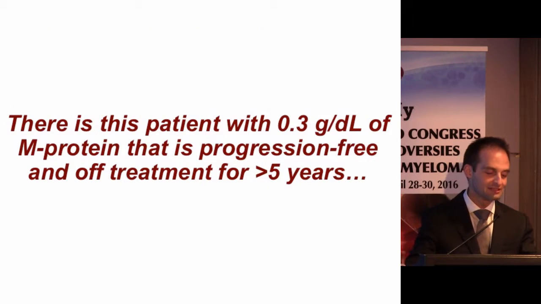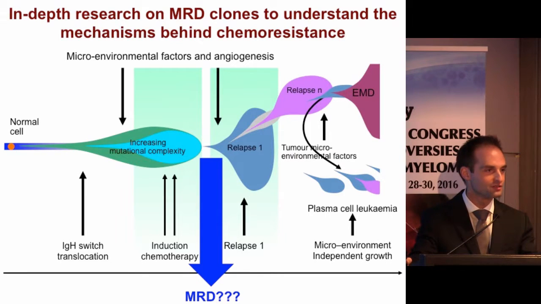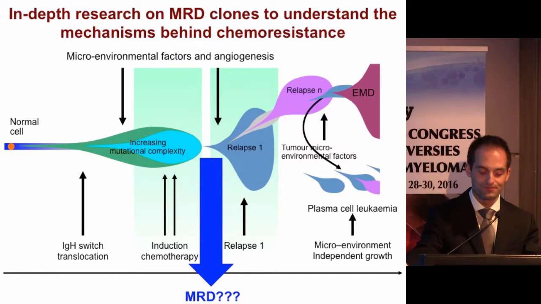Why global cell characterization? Because everywhere you go, there is always one example of a patient with a persistent M protein that is progression-free and off therapy after many years. It's important to understand these patients so we can prospectively identify them.